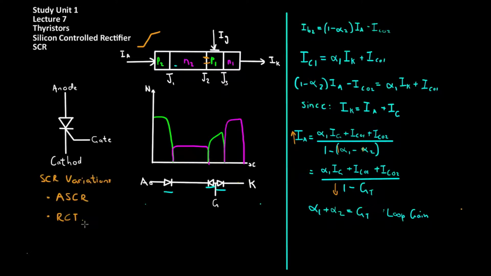The reverse conducting thyristor is electrically equivalent to a silicon controlled rectifier, with the exception that it is now in anti-parallel with a diode. The purpose of this diode is to reduce any interconnecting lead inductance which may be present in a normal silicon controlled rectifier.